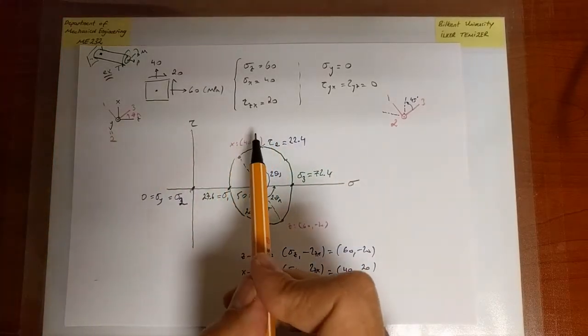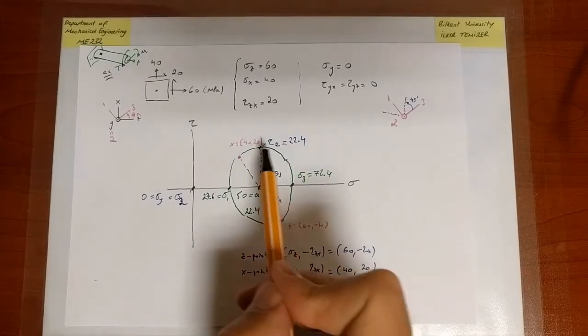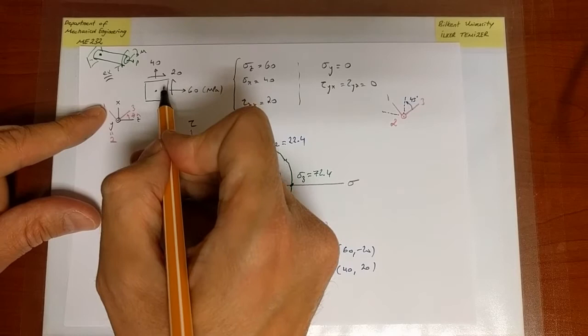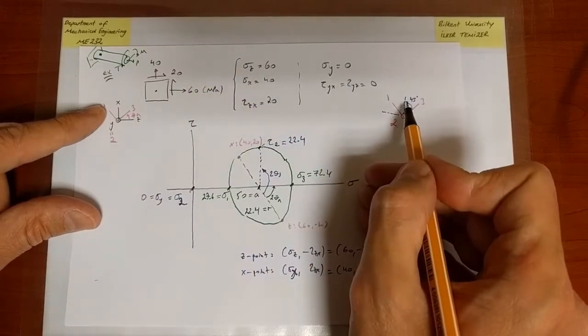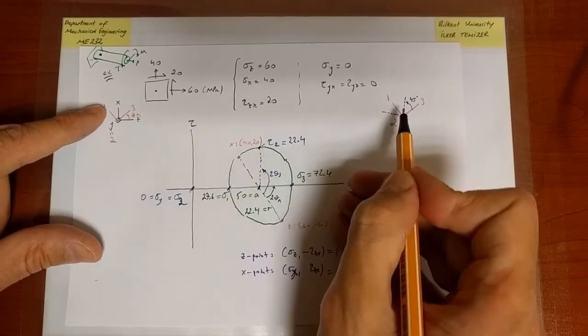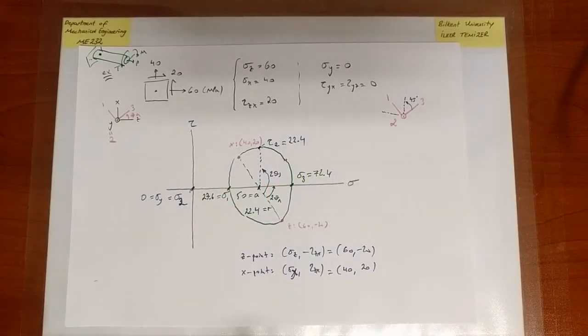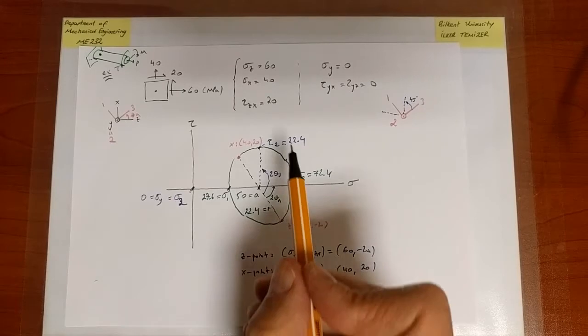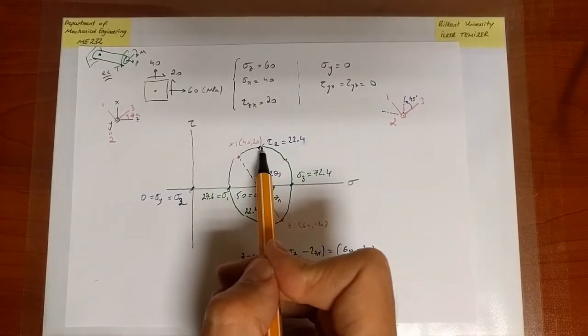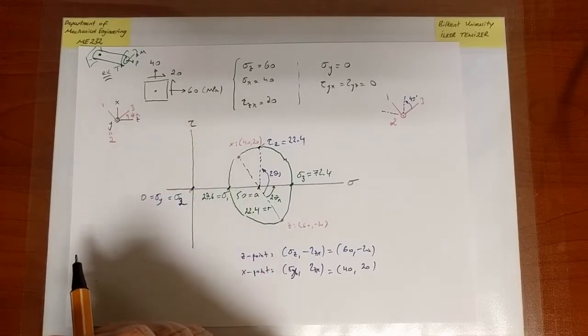And so this appears to be a more critical orientation than the original orientation. So this plane is less critical with respect to that plane, right? So this plane now I found out, and on that special plane there is an extremum value of the shear stress, which is this. Okay, so this is more critical than that. This plane is more critical than the original picture's plane, right?